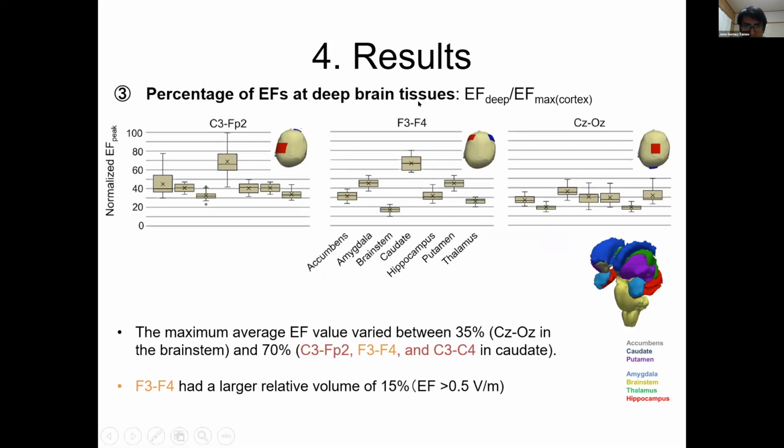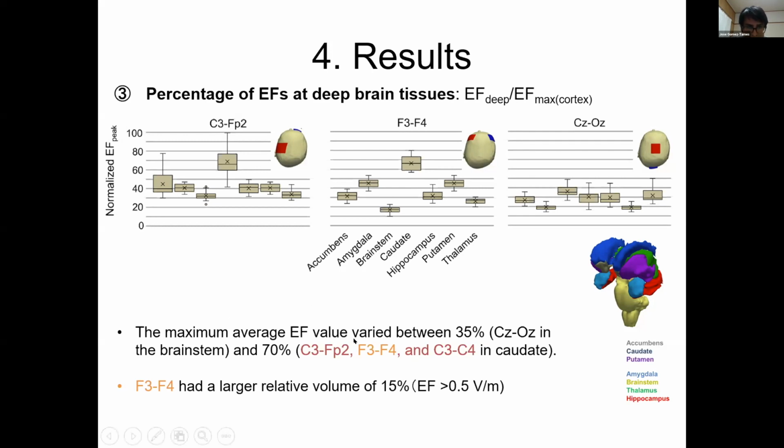So for the F3, F4, we can see that the electric field on the caudate is around 70%. So this is a very significant value. For other montages, for instance, the CCOZ, the electric field in the deep brain regions does not reach over 40%. So here we have low values.